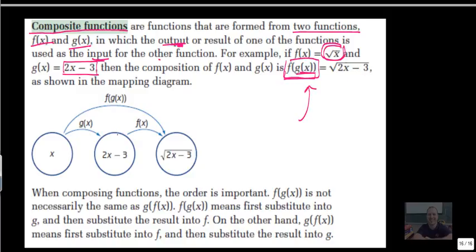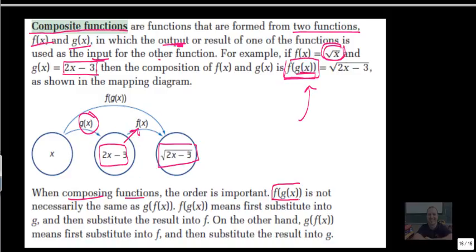That is the composition. So here is f of g of x: the g of x function goes inside the f of x function to yield you that. Now, the other note here is that when composing functions, the order is important.